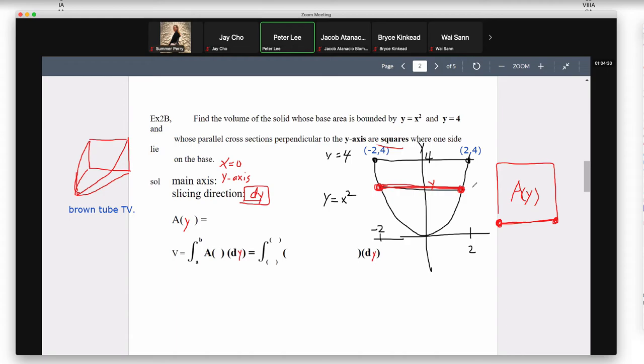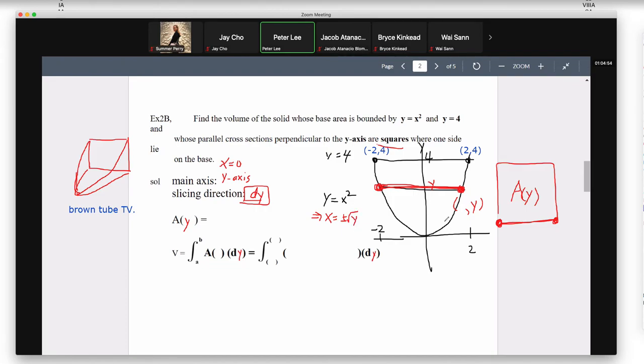So now let's see what we have here. This curve is y equals x squared, right? What is this point here? This is the cross-section at y. Now, what's x? From here, x is equal to plus or minus square root of y, because we need to write everything in terms of y.